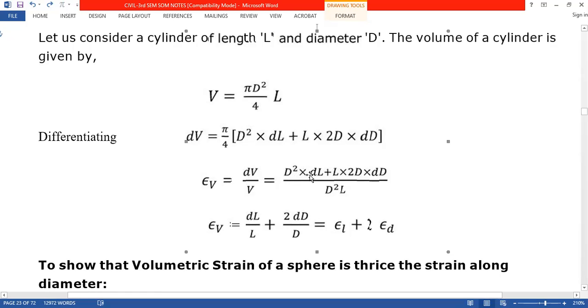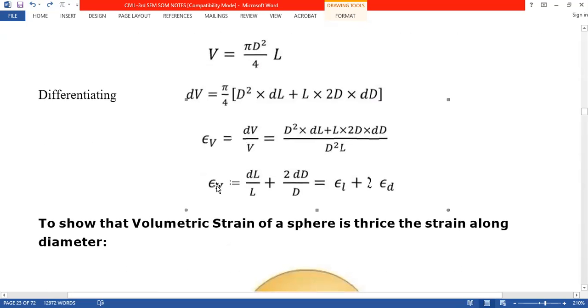Writing it as separate terms: d square into dl divided by d square L, d square cancels, the remaining term is dl divided by L. Next, L into 2d into dd, so D cancels, the remaining term is 2dd divided by D.